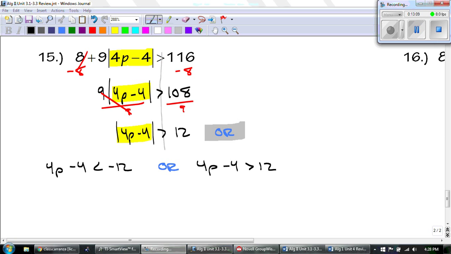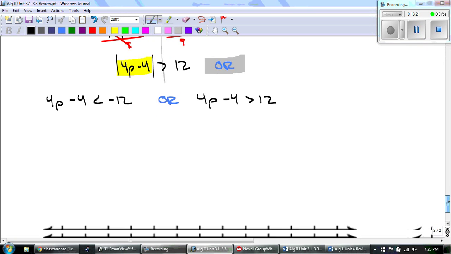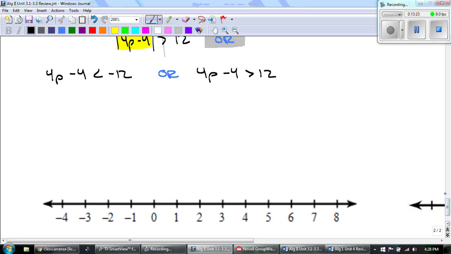Okay, so we had to subtract 8 from both sides, then divide by 9. We got 4p minus 4 is greater than 12, which tells me it's an OR graph. And now we're going to solve. Make sure you had a less than negative 12 and a greater than 12.